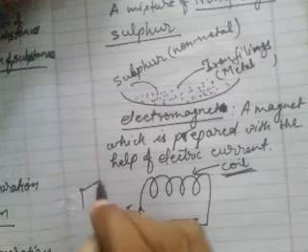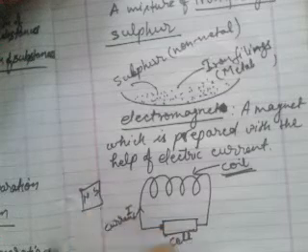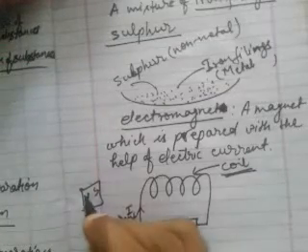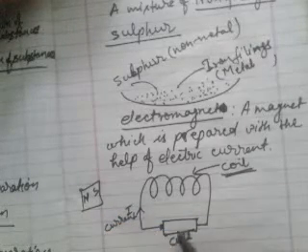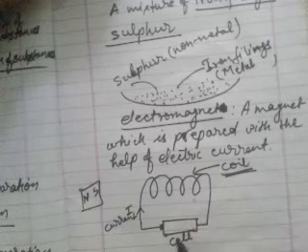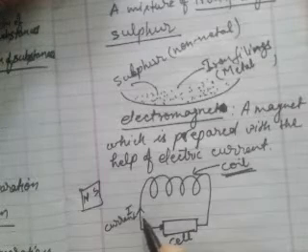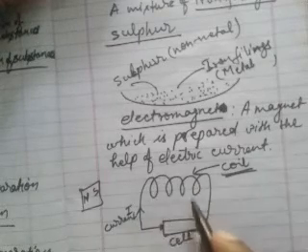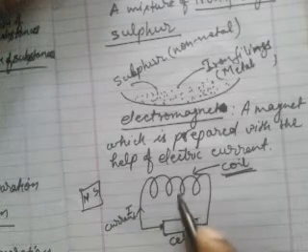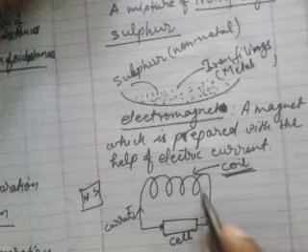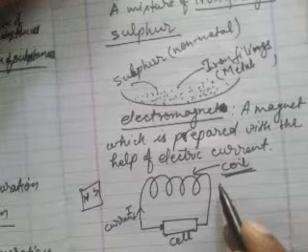You know that a magnet has two poles, north pole and south pole. When we connect the coil with a cell or battery, current starts to flow in the coil and consequently it behaves like a magnet.